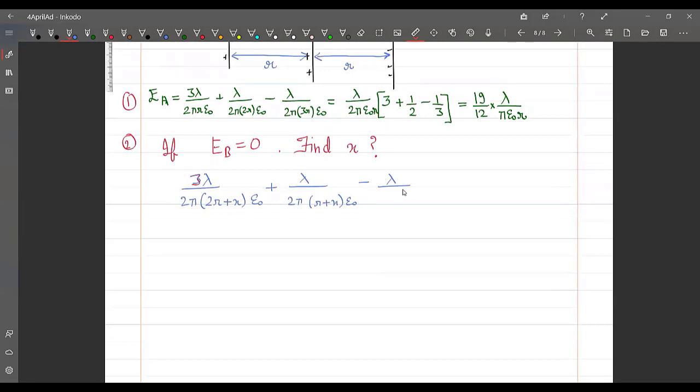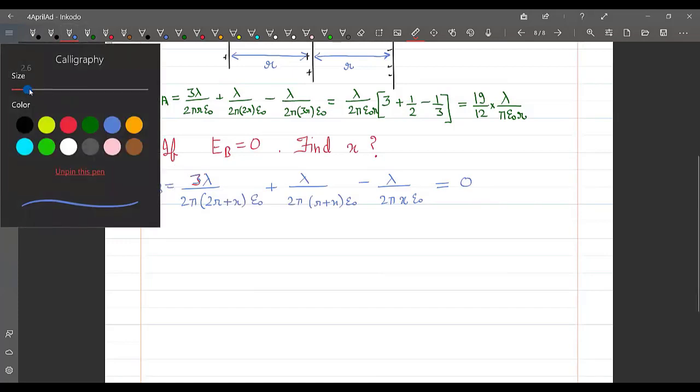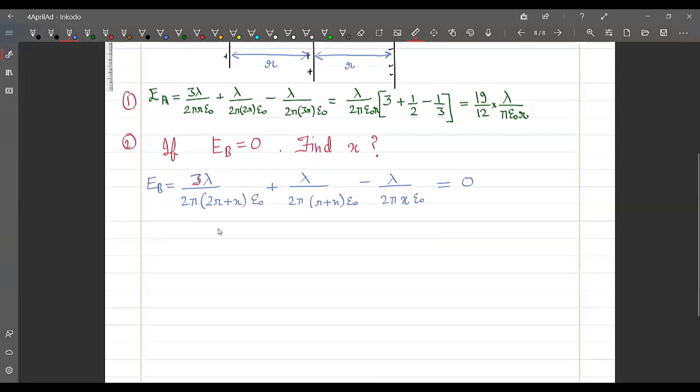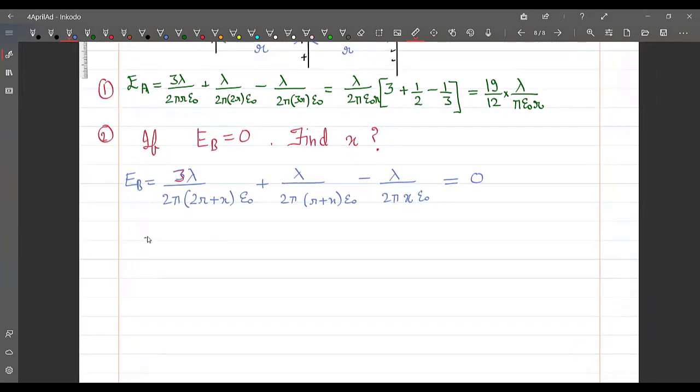For the third, it will be lambda by 2 pi epsilon naught x, and the net value should be 0. This is the electric field at point B. Now lambda by 2 pi epsilon naught can be taken common. What remains is 3 by (2r plus x) plus 1 by (r plus x) minus 1 by x.